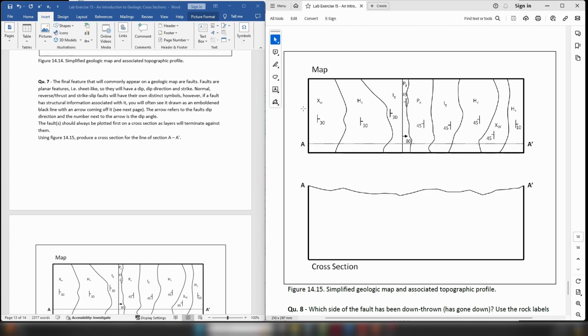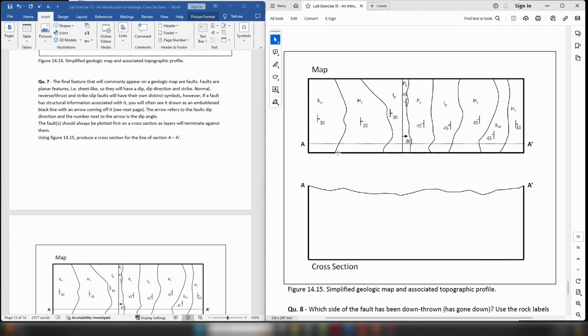Then you are going to come over here to the left and you're going to look at these 3 layers of rock, XW, HV, and IG. And you are going to project the boundaries for these 3 layers. And in this case, the dip angle is quite consistent. It's 30 degrees for each of these layers.